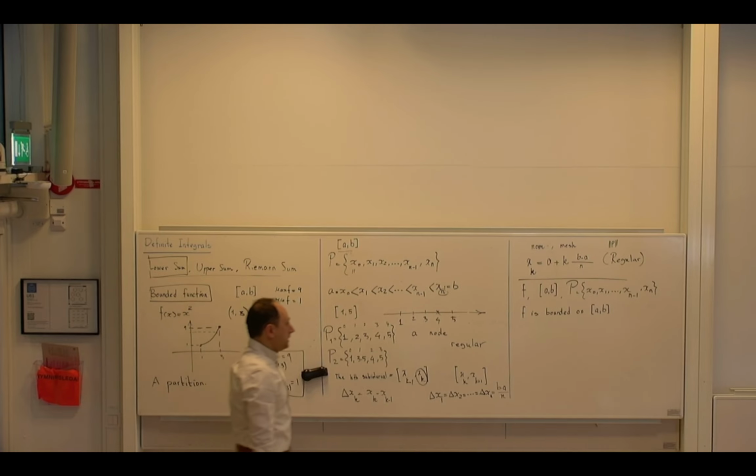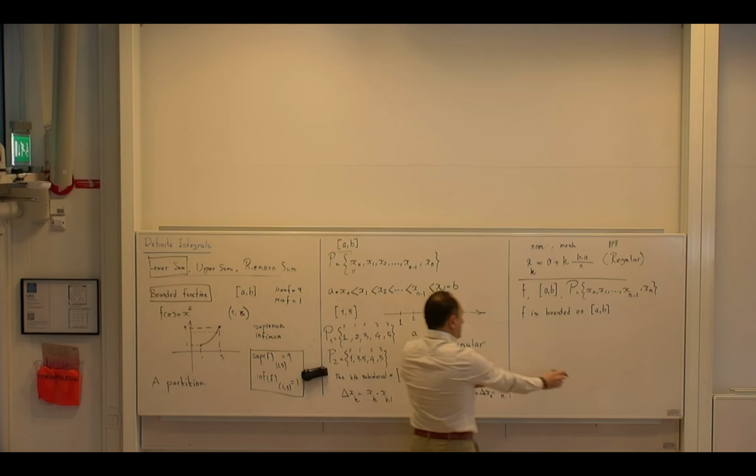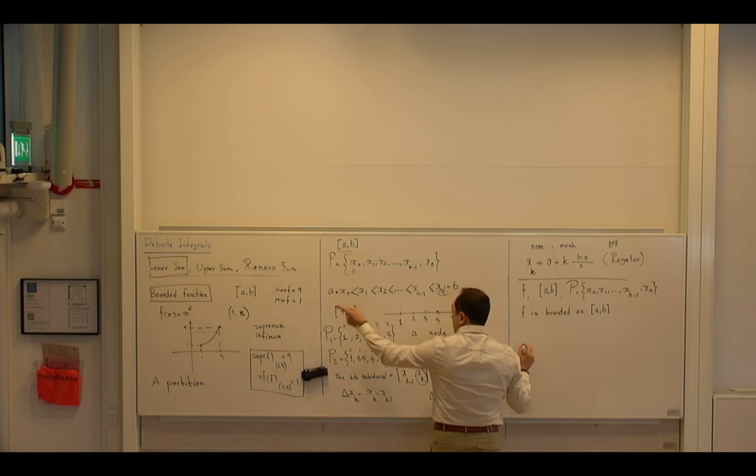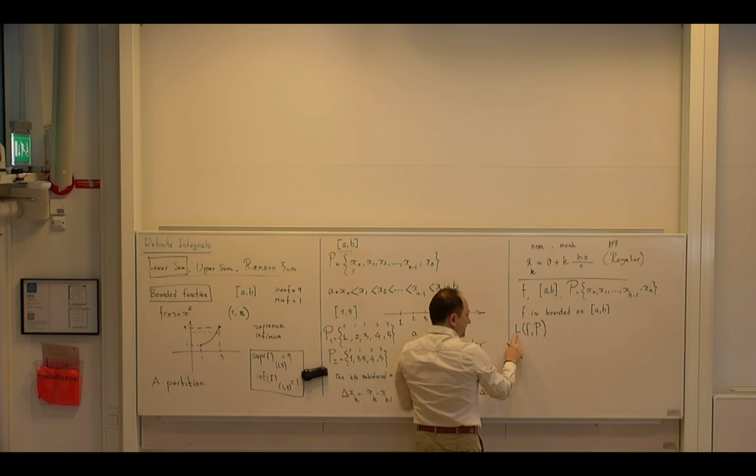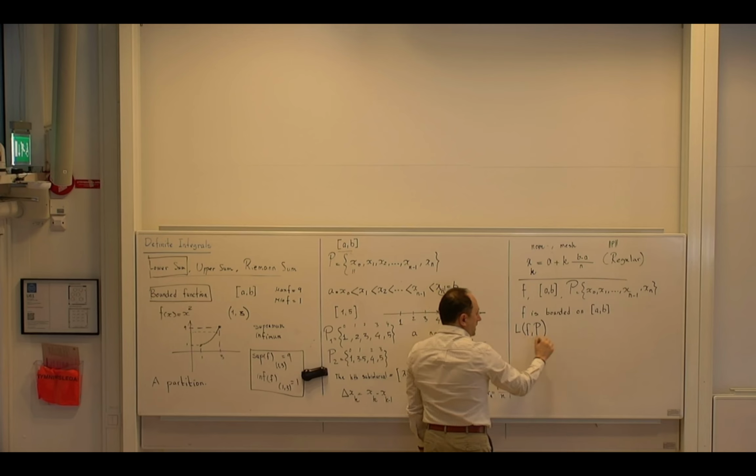Okay? Now I want to introduce the notion of the lower sum, or the Riemann lower sum. This is denoted by L, for lower, of the function f and this partition P. So the lower sum is a number, as I will define shortly, which depends on your function and on the partition of your interval. How is it defined?